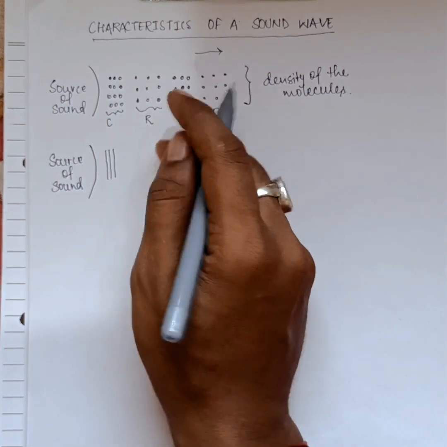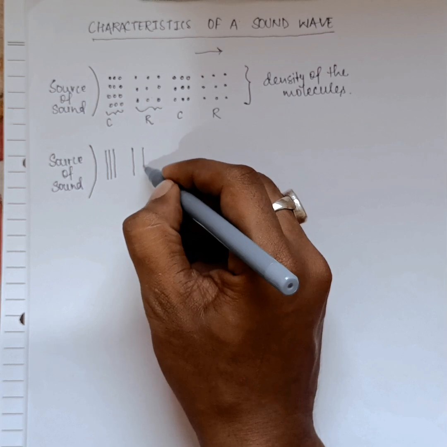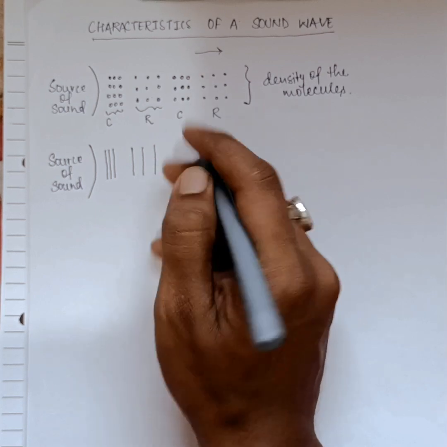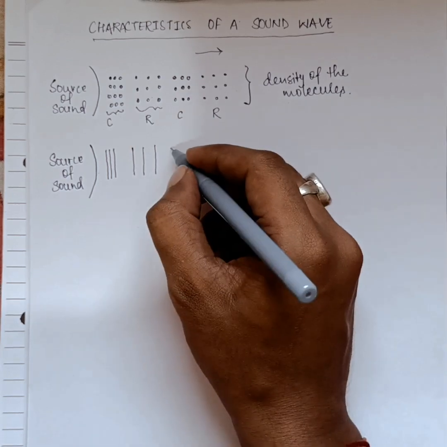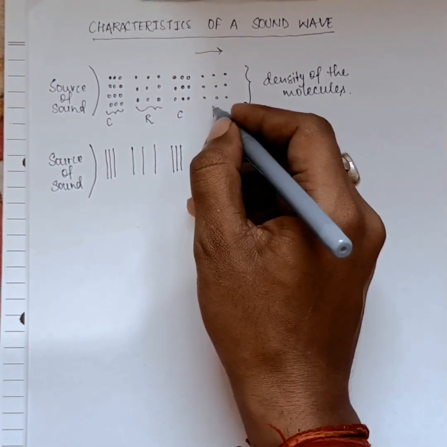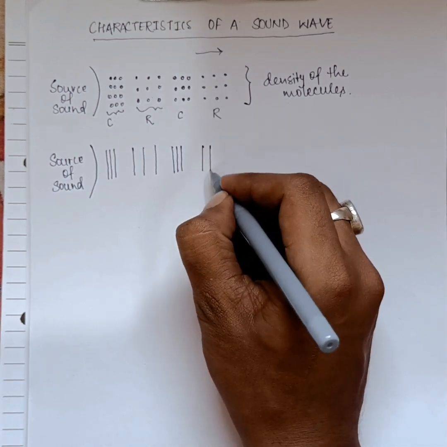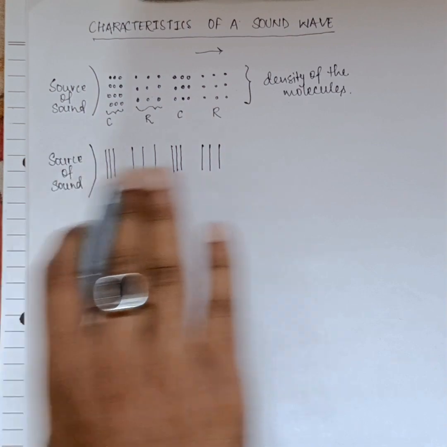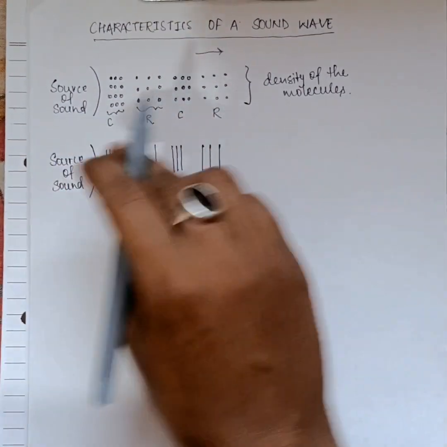And when a rarefaction region is developed, there is a region in which less pressure is developed. Again, because of the compression region over here, the pressure will increase, and because of the rarefaction region over here, the pressure will decrease. In a similar way, the wave energy moves and propagates.